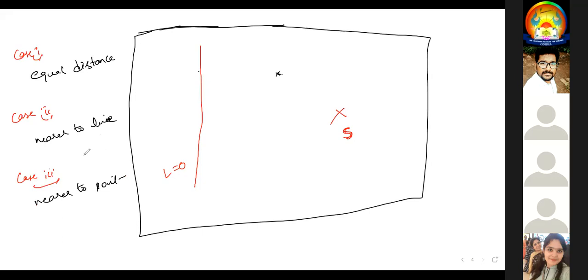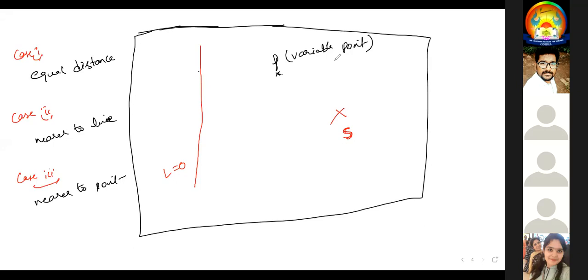We take a fixed line L equal to 0 and pick up one other point, which we call a variable point, meaning any point. If I take any point, it satisfies three cases. It may be at equal distance from both the things, it may be nearer to the straight line, or it may be nearer to the fixed point.